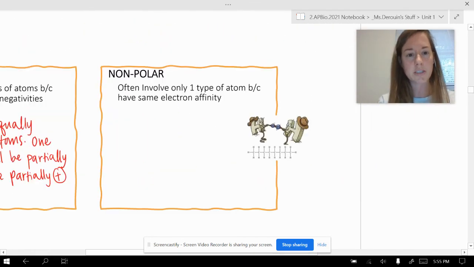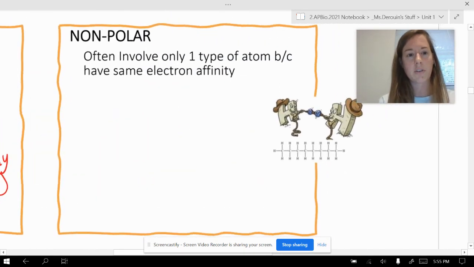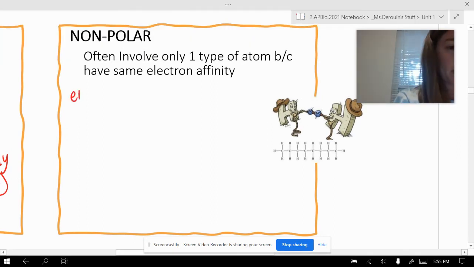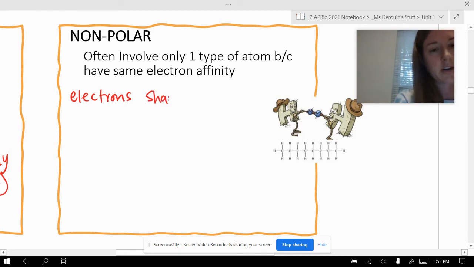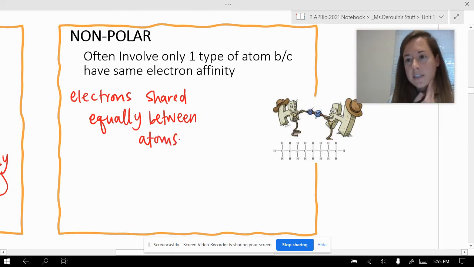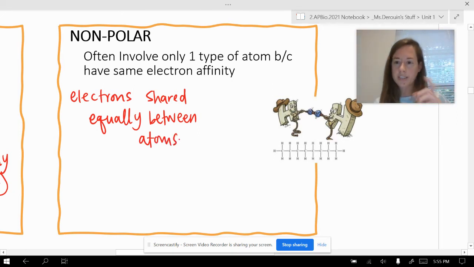Nonpolar is just the opposite. So in this one, the electrons are going to be shared equally between atoms. Often these are your diatomic molecules because they are the same atom.